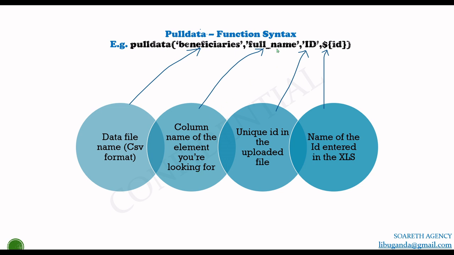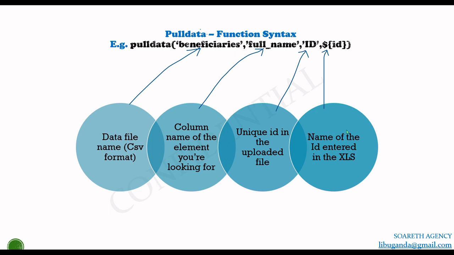Let's say I'm looking for full name of the project beneficiaries in my dataset file, which is beneficiaries in this case. The third is the unique ID column in the uploaded file. And the last is the name of the question holding the ID that the person is looking for.